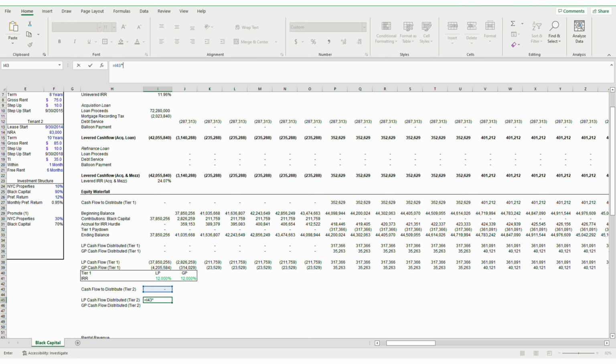For LP cash flow, I multiply the cash flow to Tier 2 by the LP's share, or 70%. Then for GP, I use the same formula, except with 30%.